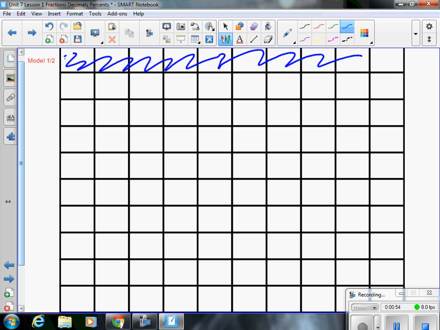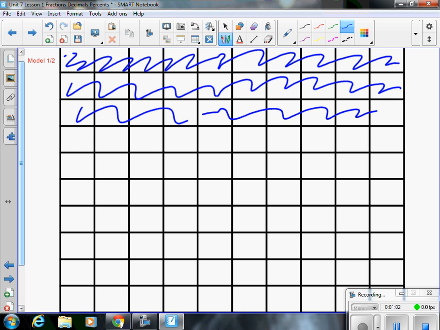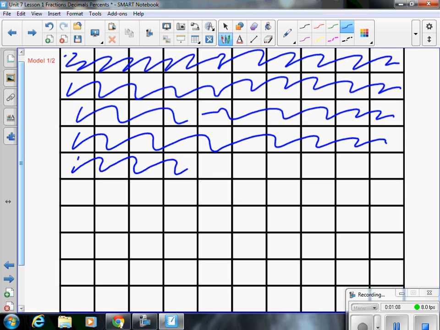So that would be 5 rows. So there's 10, 20, 30, 40, 50. 50 is half of 100. So I've just modeled 1/2 on this hundreds grid.